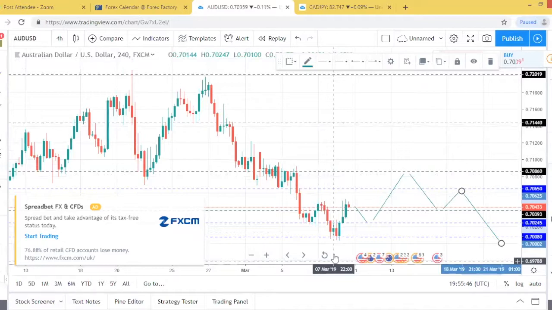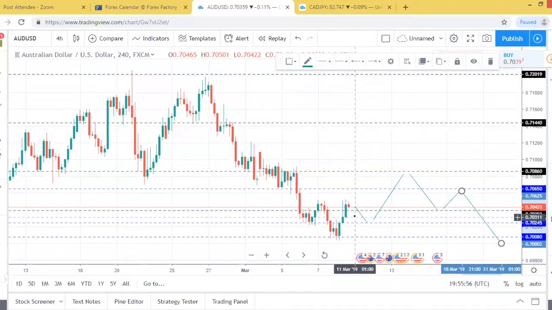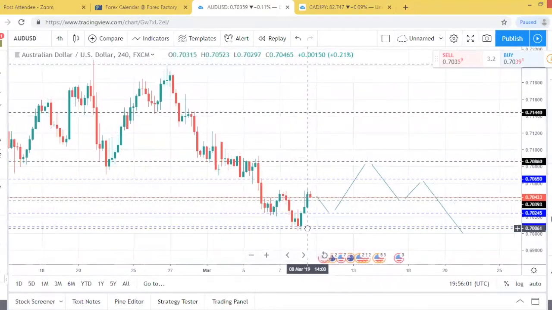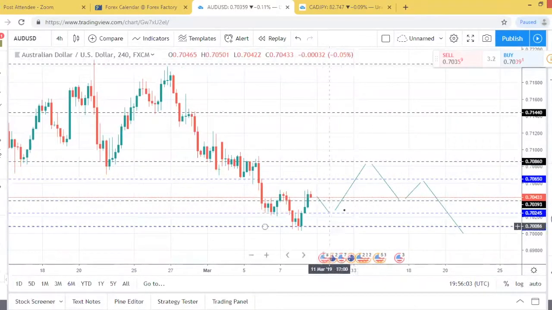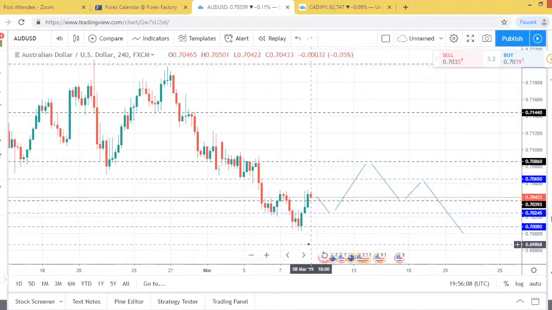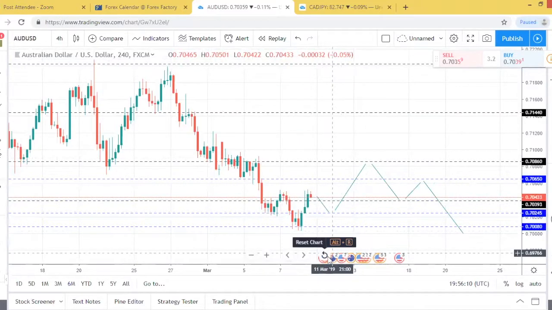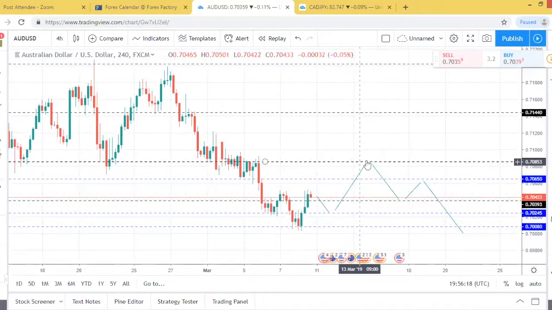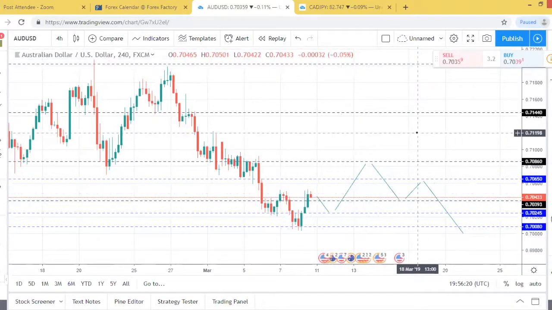So for this position, there's a very attractive potential stop loss, for of course a potential reward of about 60 pips. We're looking at about a 15, 17 pip stop loss for about a 60 pip profit reward.